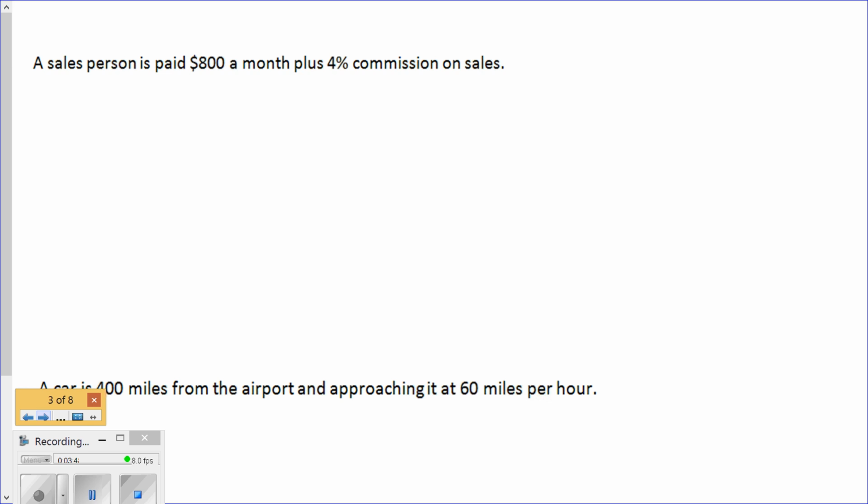Okay, another example. A salesperson is paid $800 a month plus a commission of 4% on any sales that the salesperson makes. So in this case, we've got the total earnings of the salesperson and the amount of sales that they make in a given month. The earnings for the salesperson are $800 plus 4%, which would be 0.04 times the amount of sales.